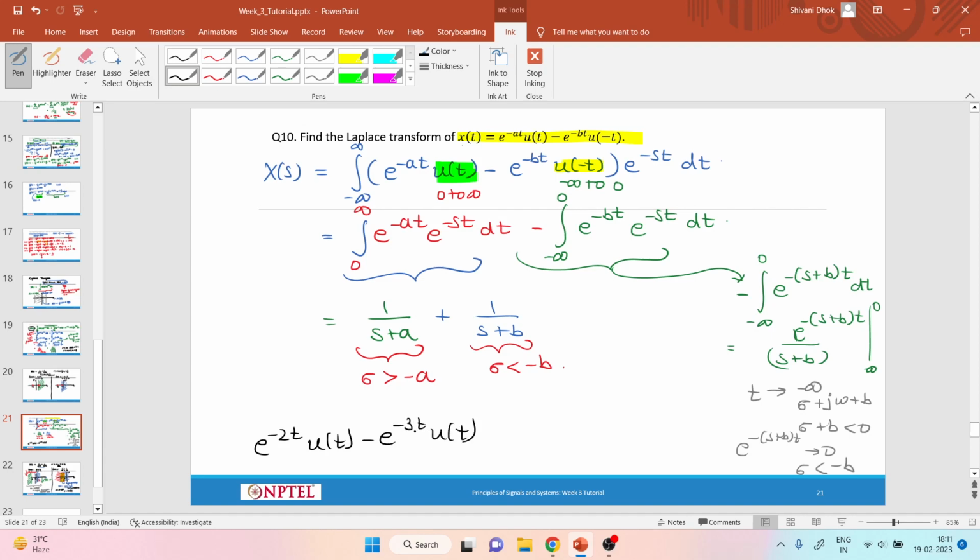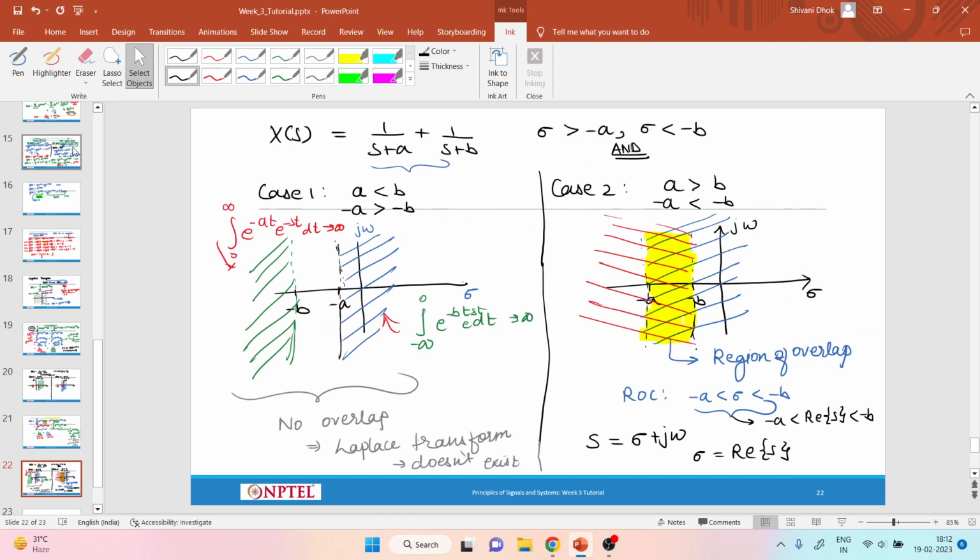Based on the values that you are having here, you will get the value of your Laplace transform and your region of convergence. Or at least you will be given some conditions like a is greater than b, or b is greater than a, and accordingly you can find the region of convergence. But in this example, I wanted to show that it may happen that you are not getting any overlap. In that situation, your Laplace transform won't be existing.